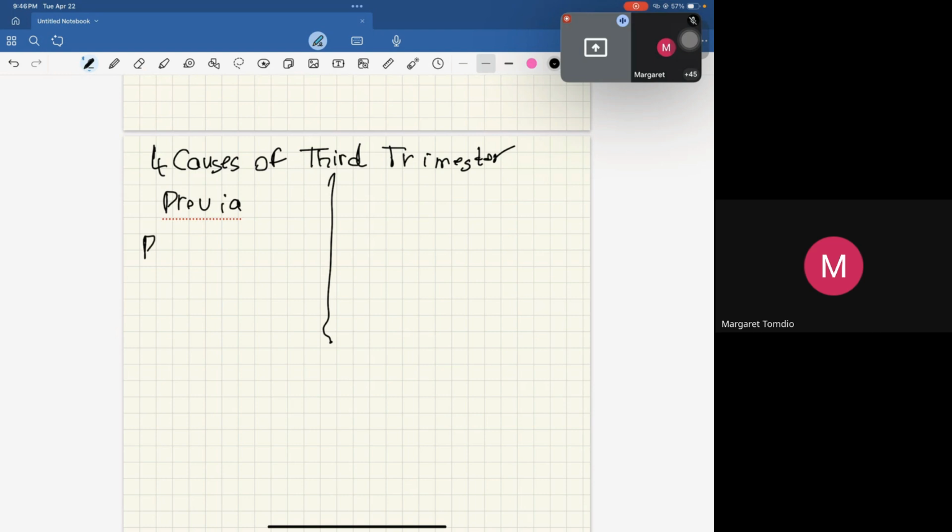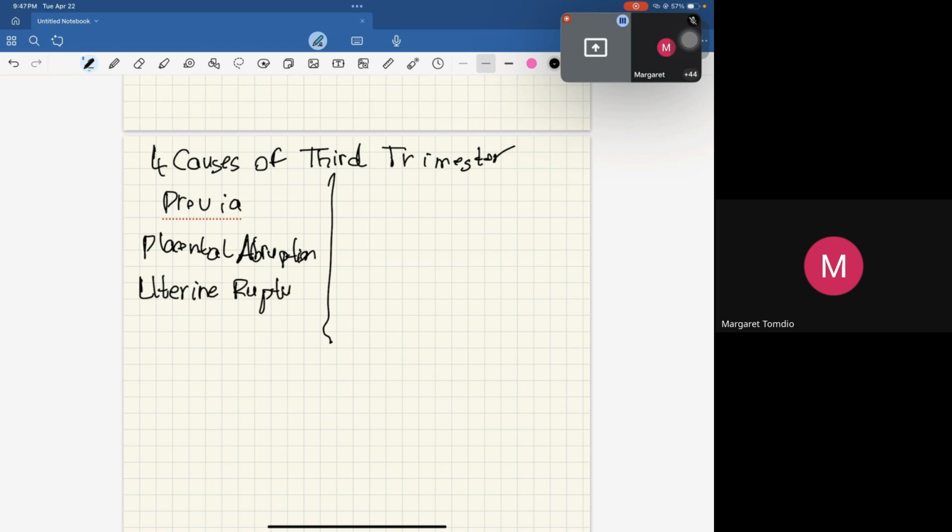Then there is placental abruption, in which the bleeding will be painful and occurs due to the separation of the placenta from the uterus. Then there is uterine rupture, in which the uterus ruptures and there will again be painful bleeding.